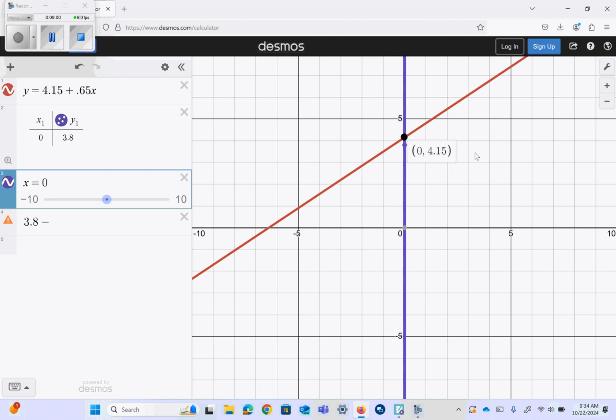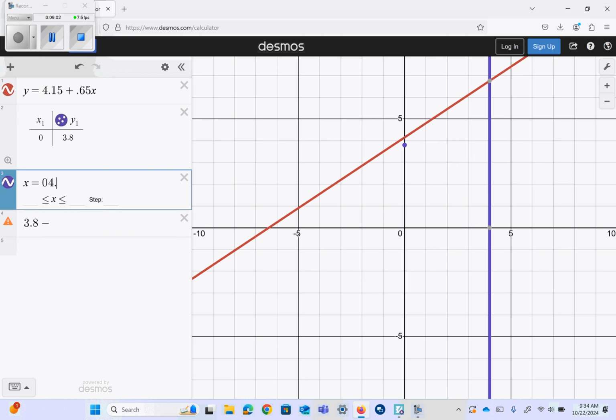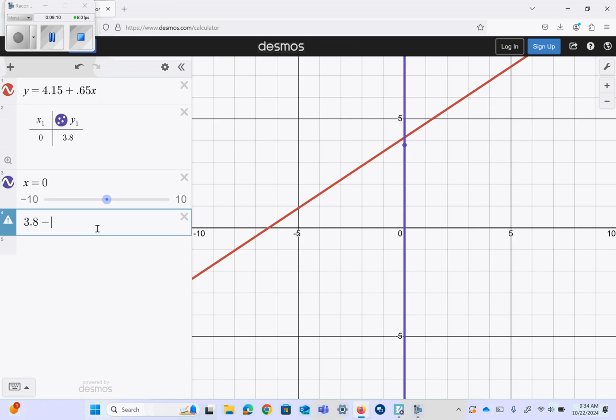That's my predicted, 4.15. Oops, I messed that up. 4.15. Okay, so 3.8 minus 4.15 is negative 0.35. Does it make sense that this is a negative point? Negative residual. And again, I'm using Desmos to do a lot of the work for us.